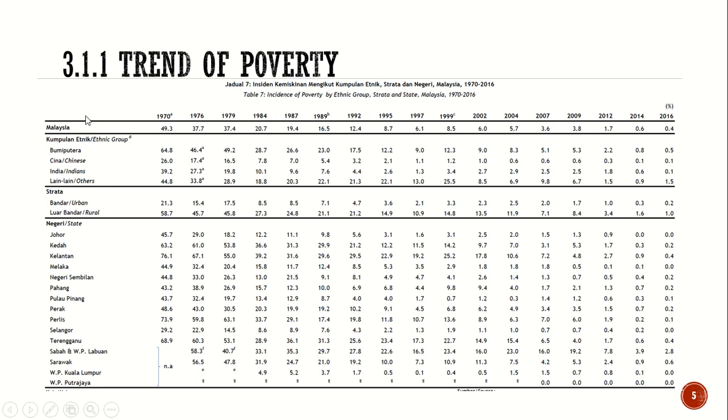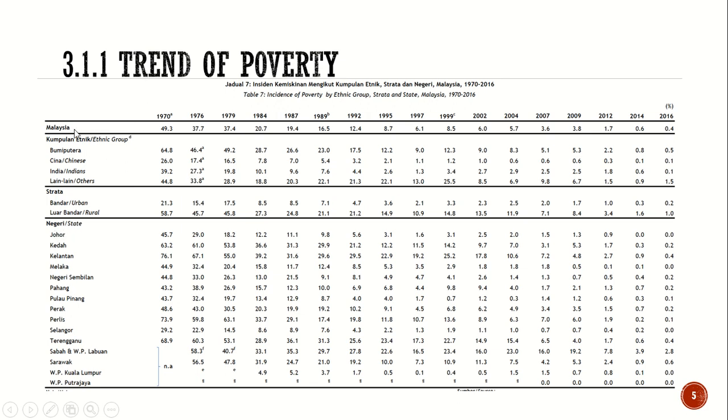You can look at poverty overall, I mean Malaysia as a whole. Then you can look at poverty according to ethnic group, or races, where you have Bumi, Chinese, Indian, and you may also look at poverty by strata, where we look at urban versus rural, or maybe poverty across the states that we have in Malaysia.